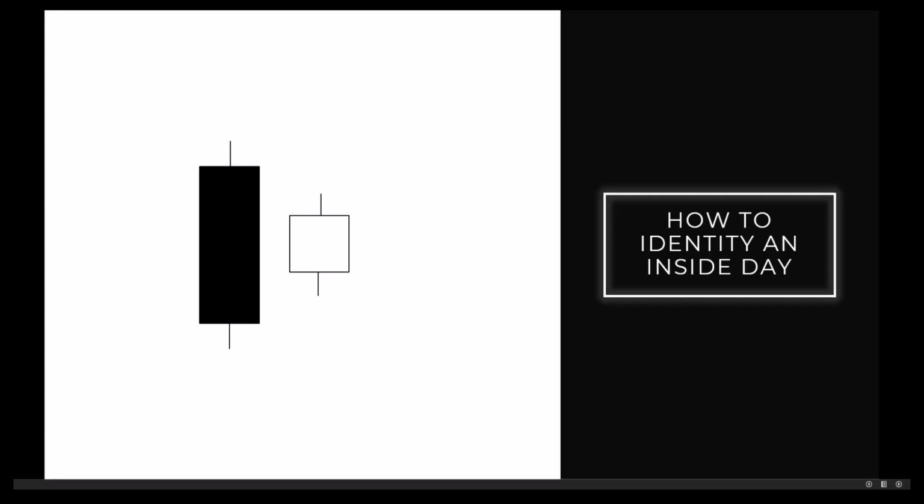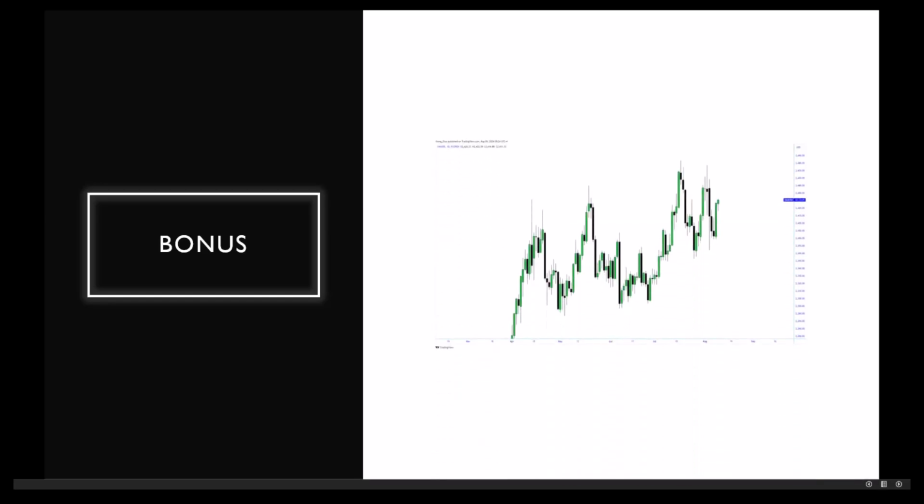Now, the bonus: at some point, the market doesn't have to give us that particular inside day for us to have the element of a large range expansion. We can consider the body of the candlestick.